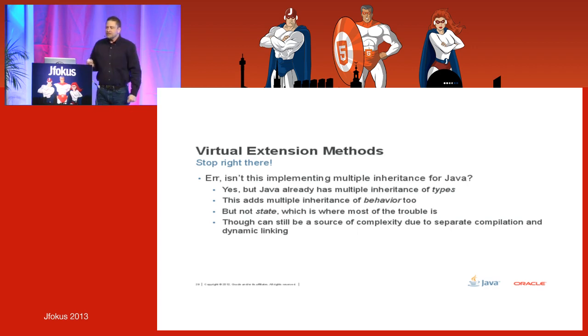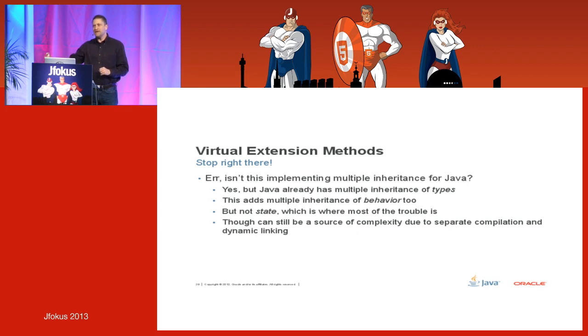Well, the reality is that Java has already had multiple inheritance. You have multiple inheritance of types because you can extend one class and then implement another interface. So that gives us multiple inheritance of types. What we're now adding is multiple inheritance of behavior. We'll add some methods in here, but because it's still an interface, you don't get instance variables associated with that.